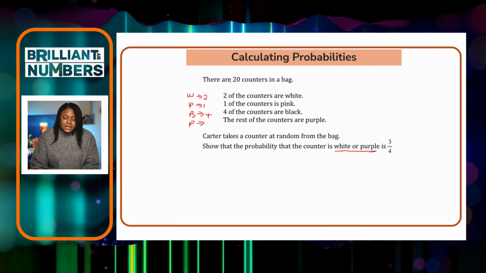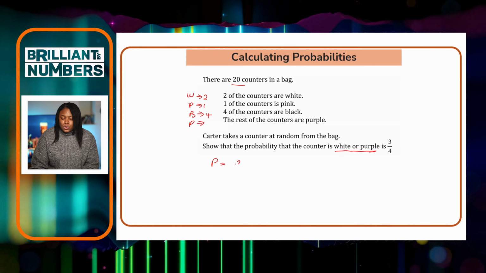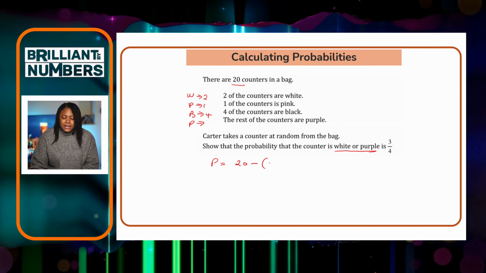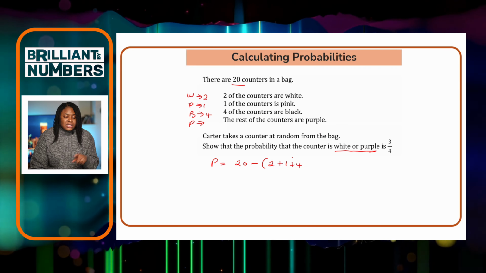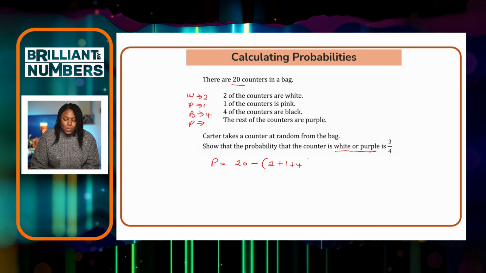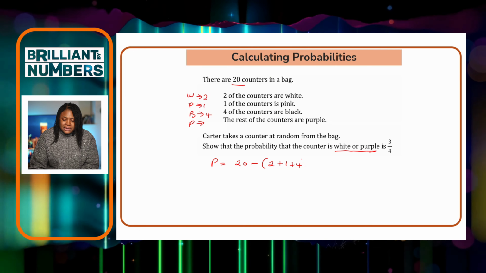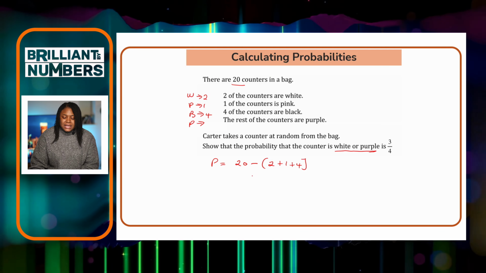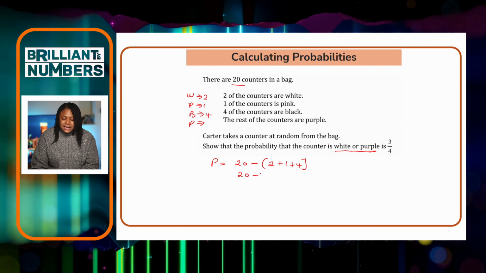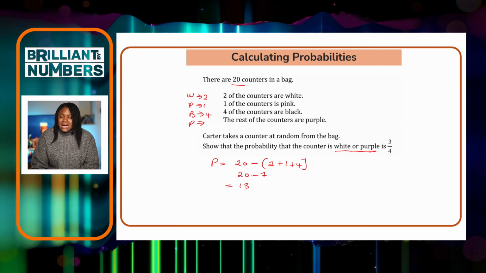So I know there are 20 counters in the bag, so purple has to be equal to 20, take away 2, add 1, add 4. Those are the counters that we already know: white, pink, and black. So 2 plus 4 plus 1 is 7. So 20 take away 7 is 13. So there are 13 purple ones.